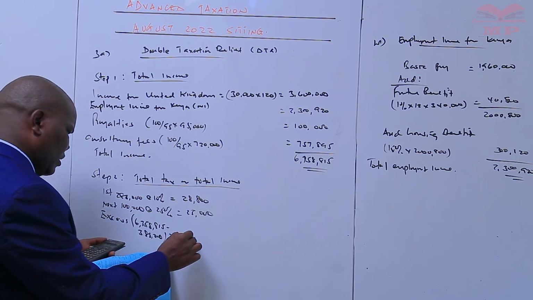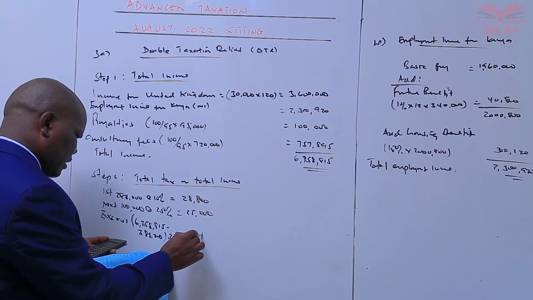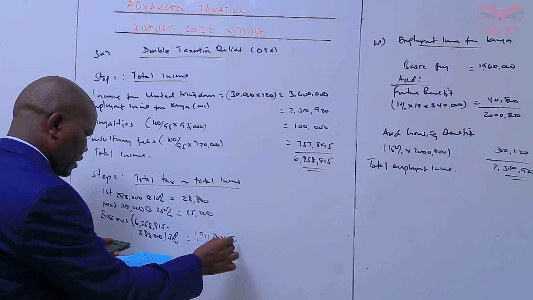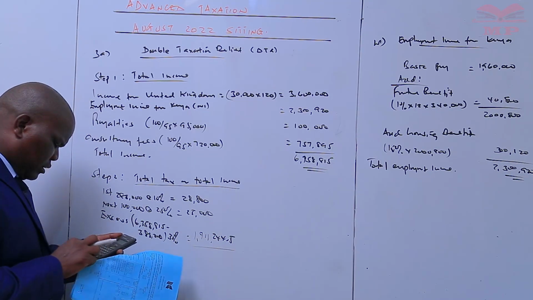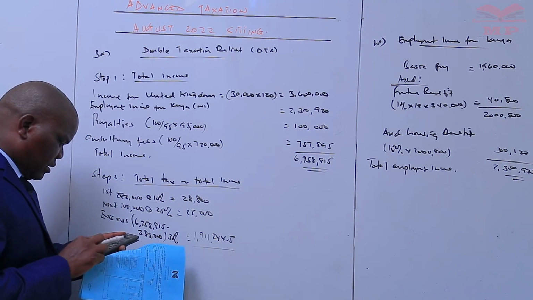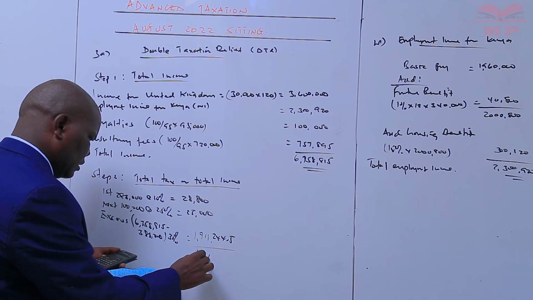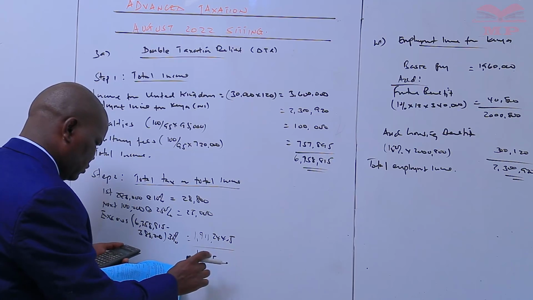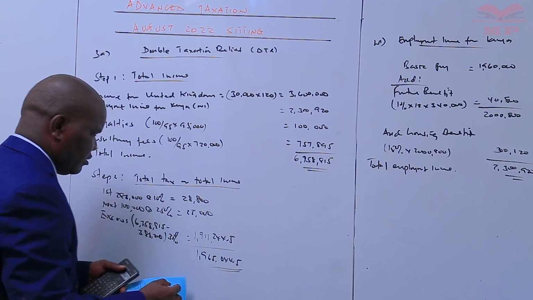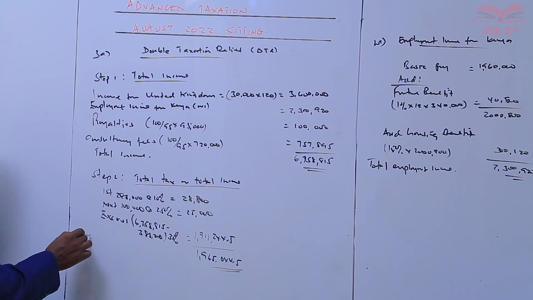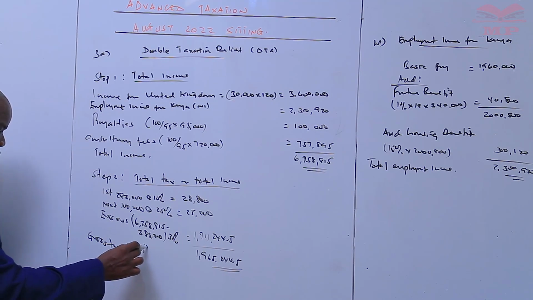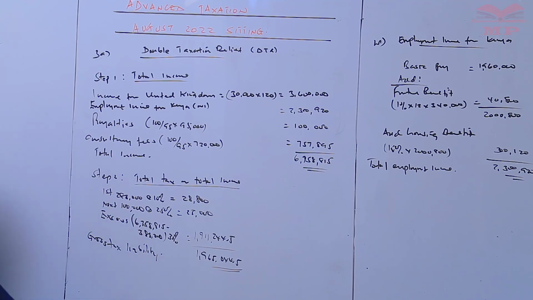I get 1,911,244.5 added to 25,000, then 28,800. I get 1,965,044.5. So this becomes gross tax liability. Gross tax, that is total tax on total income.